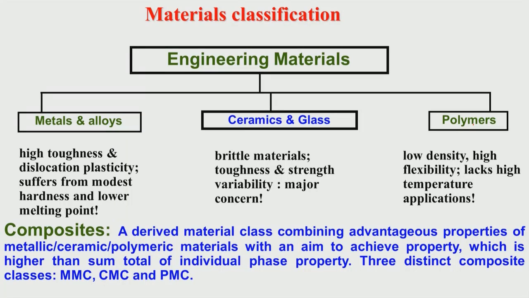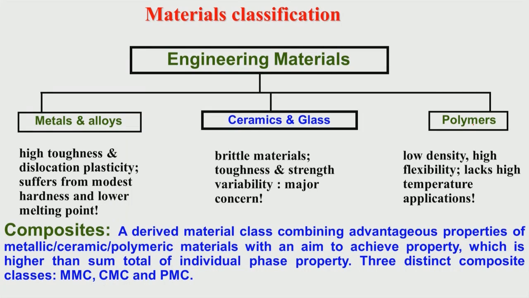Okay, a little bit of introduction to engineering materials: metals and alloys, ceramics and glass, and polymers. These are the 3 primary material classes into which all engineering materials can be classified, and each material class has its own advantages as well as disadvantages.